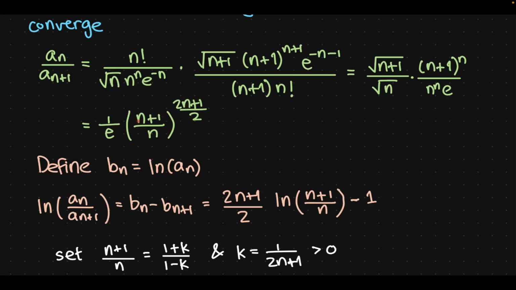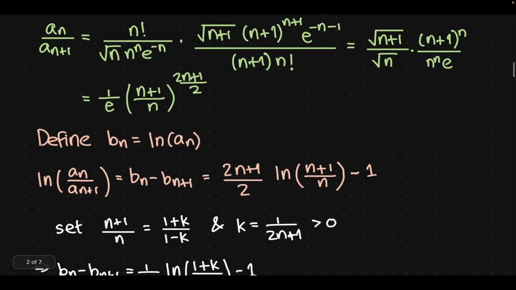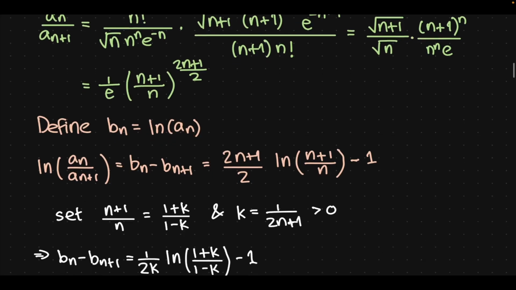And we know from calculus the best way of dealing with these kinds of things is to consider the natural log, or just any log. Natural log is more standard. So let's define the sequence b_n to be the natural log of the sequence a_n.